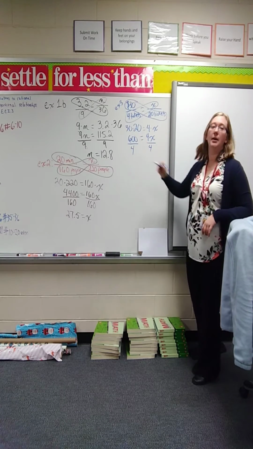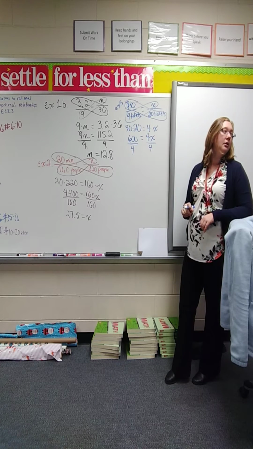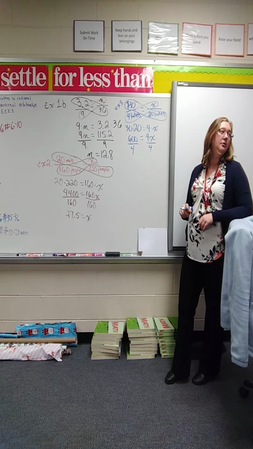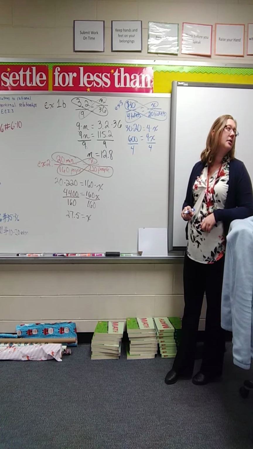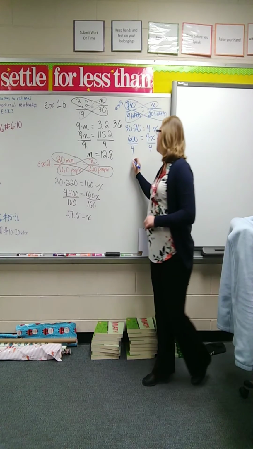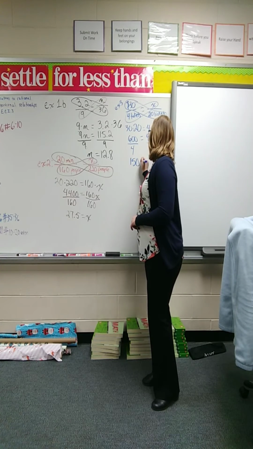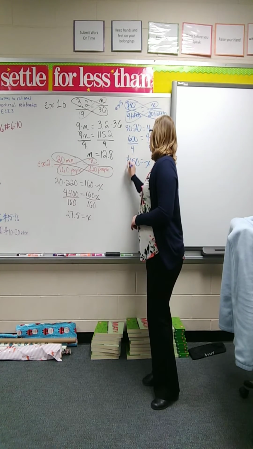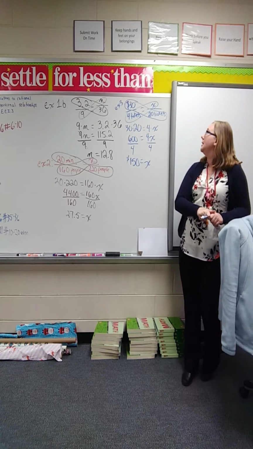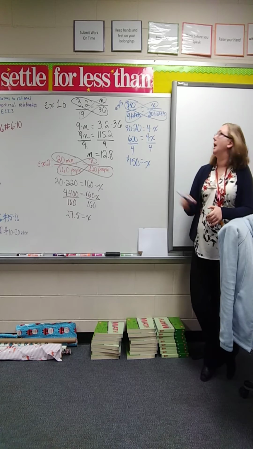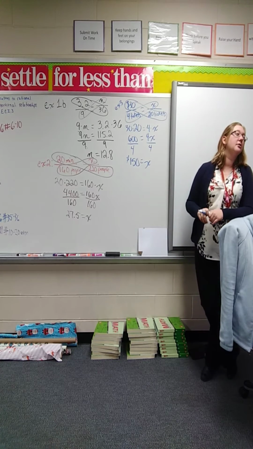What is 600 divided by 4? Handy dandy calculator, people. Okay. So we're saying that for 20 tickets to the museum, it's going to cost $150.